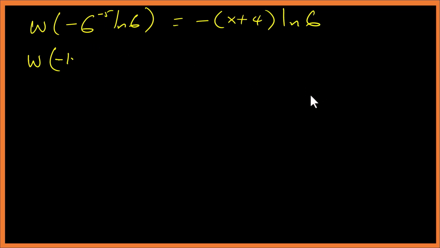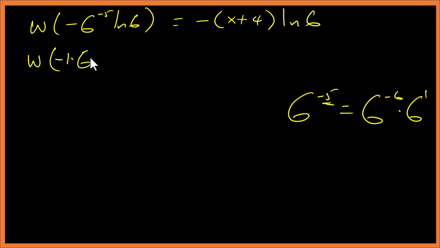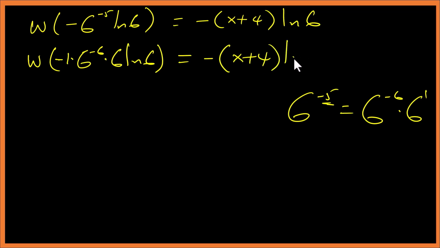So 6 to the power minus 5 is the same as 6 to the power minus 6 times 6. So if I add this, I will get 6 to the power minus 6 times 6 ln of 6 equals x plus 4 ln of 6.